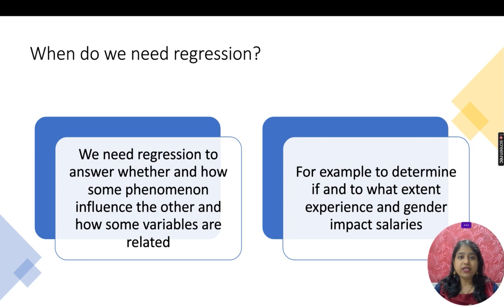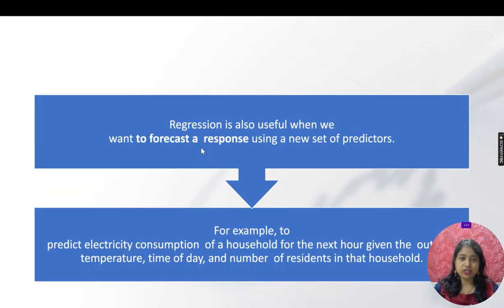Now, when do we need regression? We need regression to answer whether and how some phenomena influence the other and how some variables are related. For example, to determine if and to what extent experience and gender impact salaries. So we are trying to find out the variables that are affecting the outcome of a particular event.